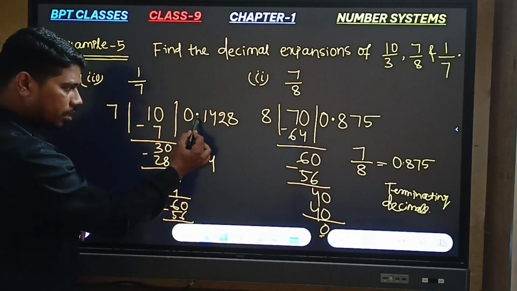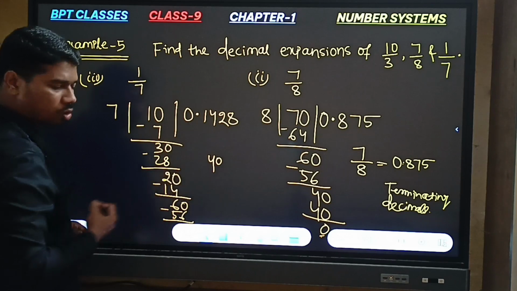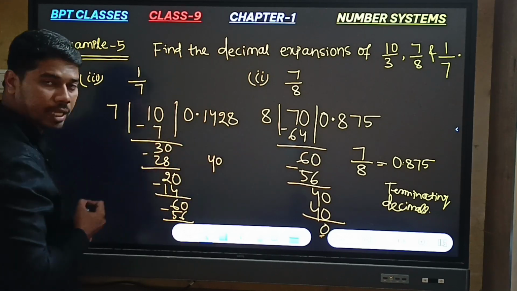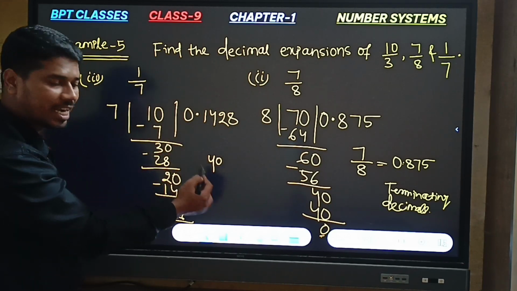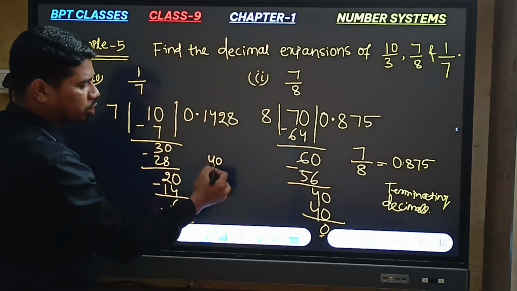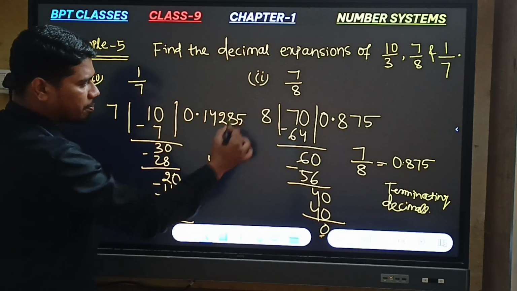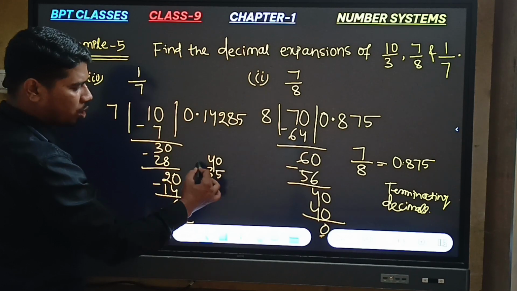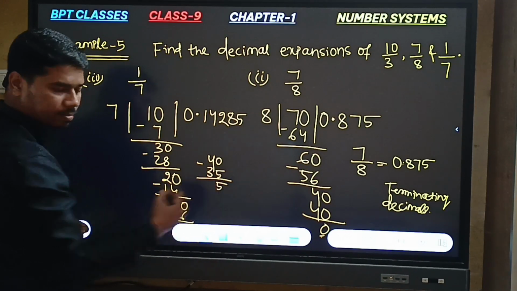Then if there is a decimal, again you can write 0. 7 fours are 28, 7 fives are 35, 7 sixes are 42, that is greater. So you can write 7 fives, 35. 40 minus 35, the result is 5.